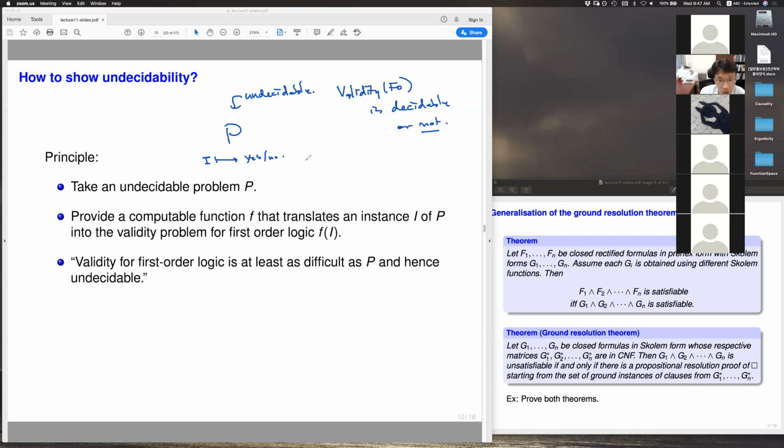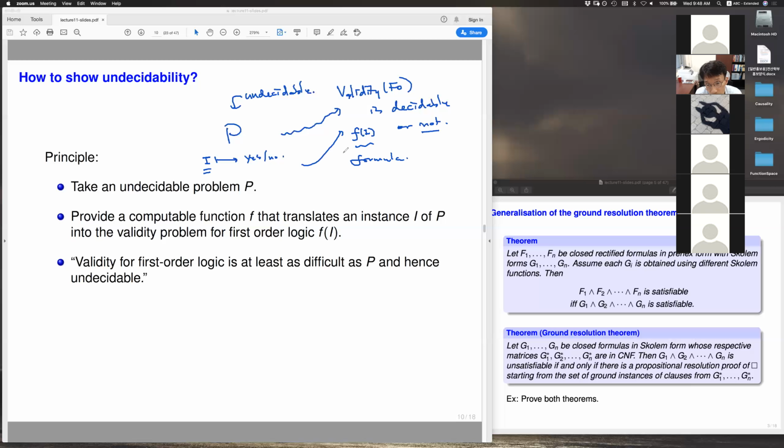So we take an undecidable problem and we reduce it to the validity problem. How do you do it? Essentially, we have to come up with a translator. That translator takes an instance I of the original problem and produces a formula in first-order logic, which is an instance of the validity problem. So F is a mapping that takes an instance of the problem P to an instance of the validity question in first-order logic.